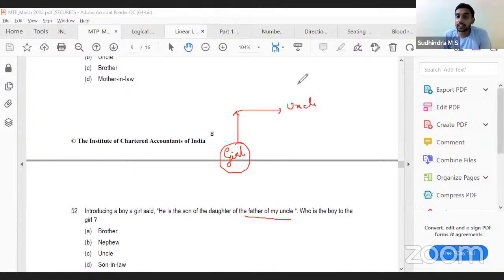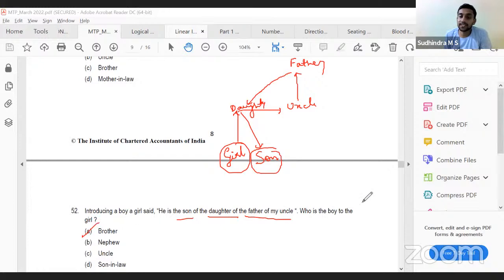Father of my uncle, so father. Daughter of the father, daughter. Son. So who is that boy? Brother. Instead of saying brother, she said son of the daughter of the father of my uncle.